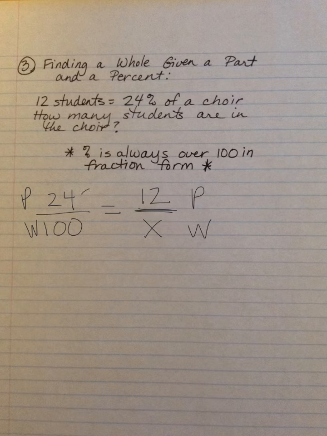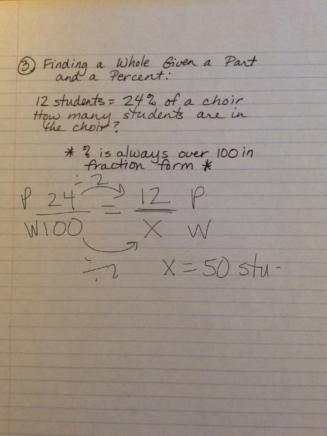So I'm going to say 24 divided by 2 will give me 12, and 100 divided by 2 will give me 50. So x equals 50 students in the choir. And I can check this by doing it a different way, and I can say 24% of 50 students should equal 12 students.